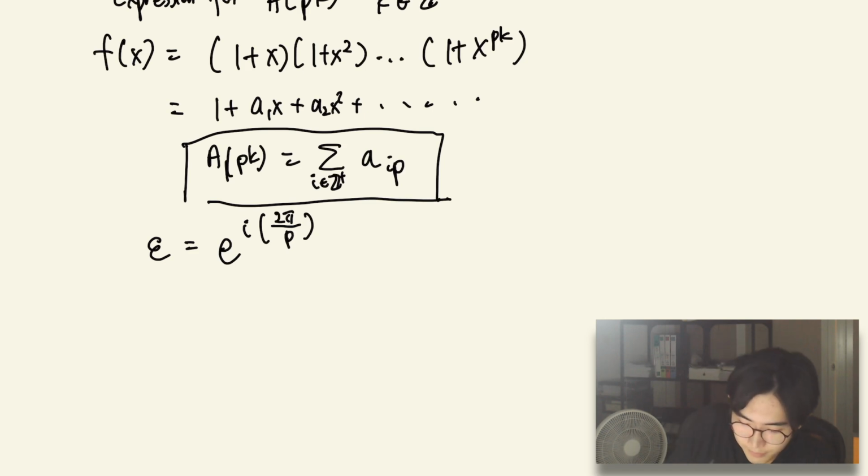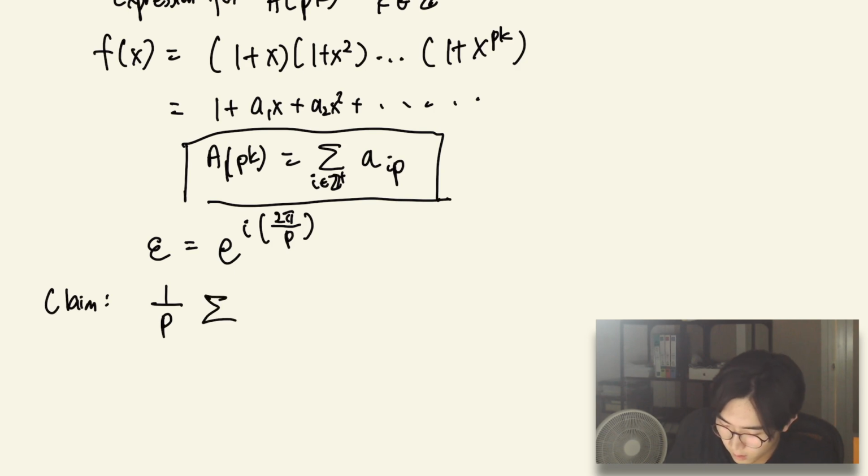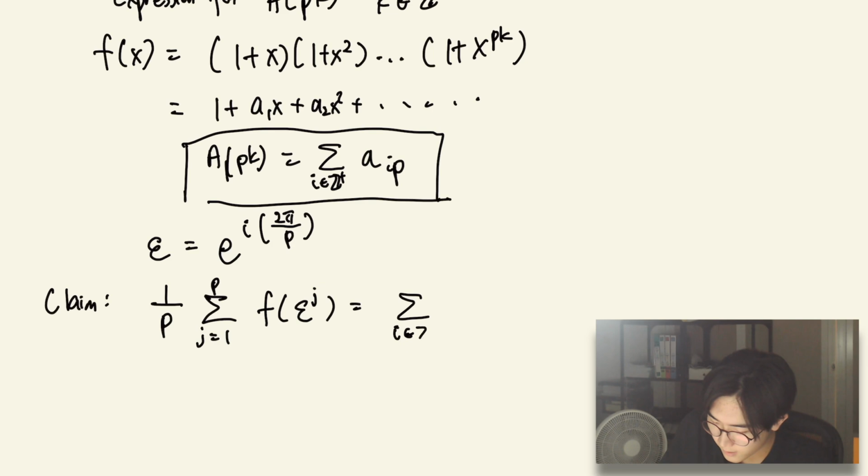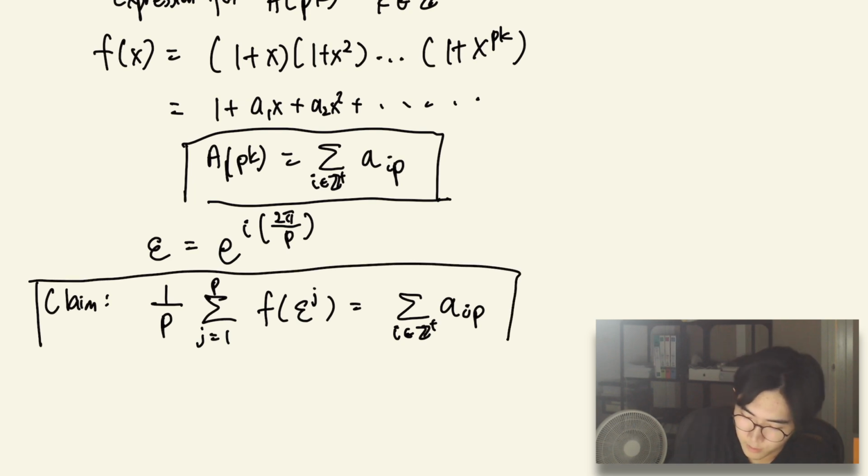So my claim will be: 1 over p times the summation of f(sigma to the power of j), where j varies from 1 until p, is equal to the summation of the coefficients of x's whose power is a multiple of p.